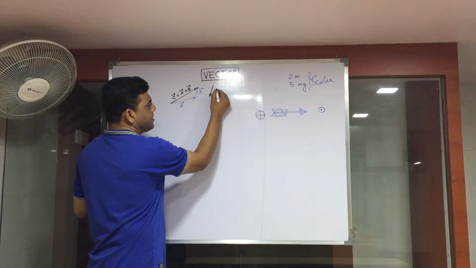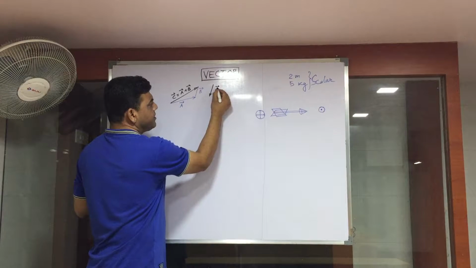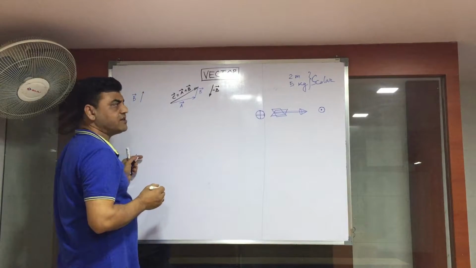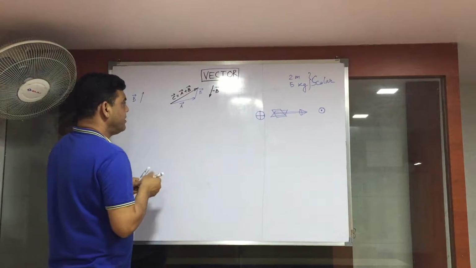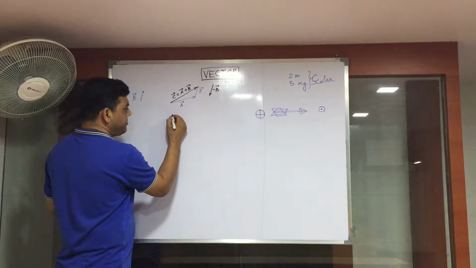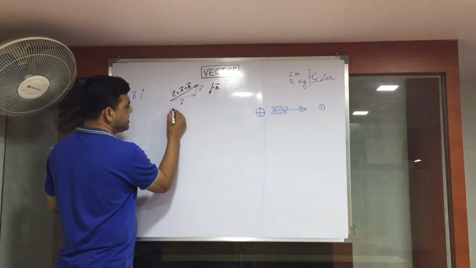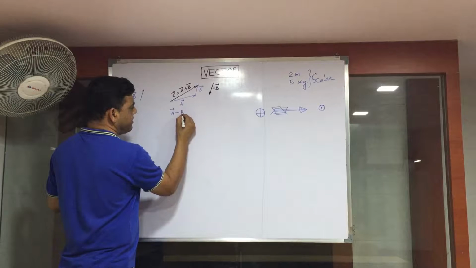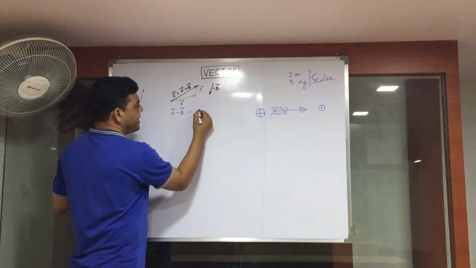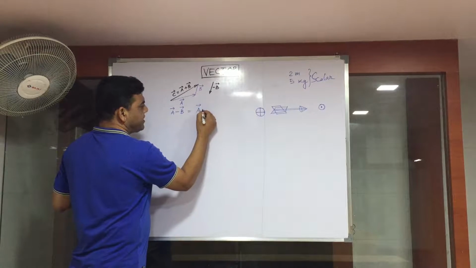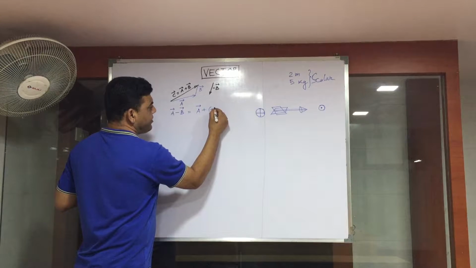So this is our negative B vector. Now if we want to add vector A and negative B, we can either say this is subtraction of two vectors, vector B subtracted from vector A, or we can also write this as addition of vector A with negative of vector B.